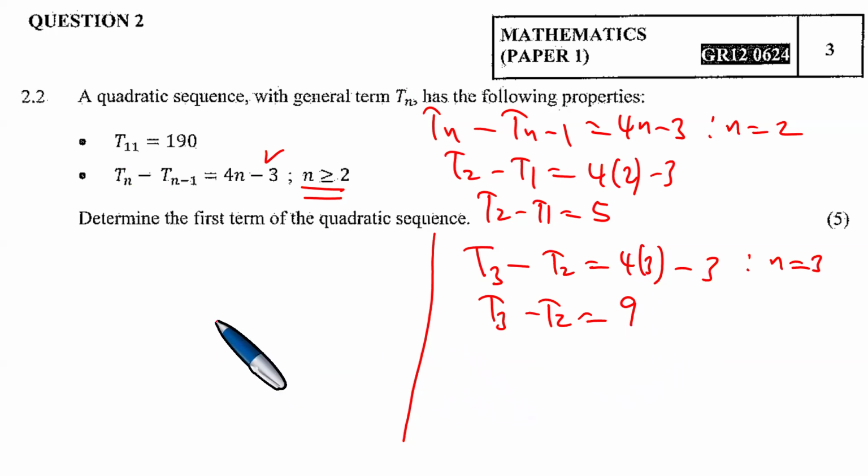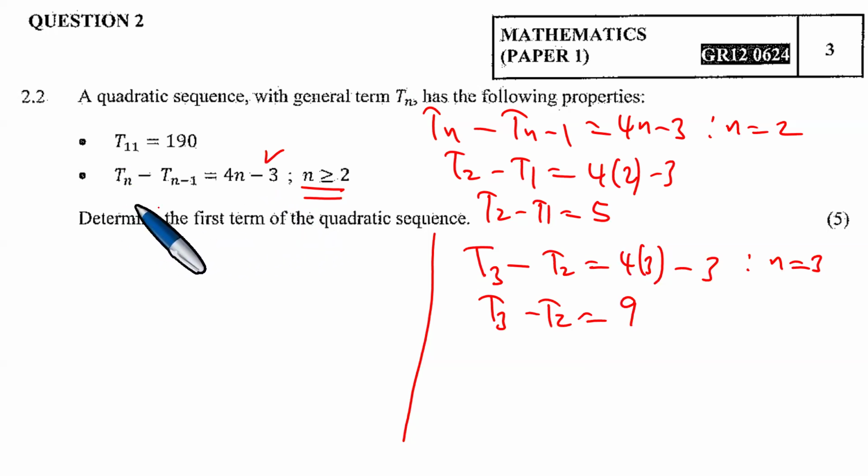Now, a couple of things you need to take note of: you have a quadratic sequence which has those particular properties. Now, what would the first term be at this particular point?